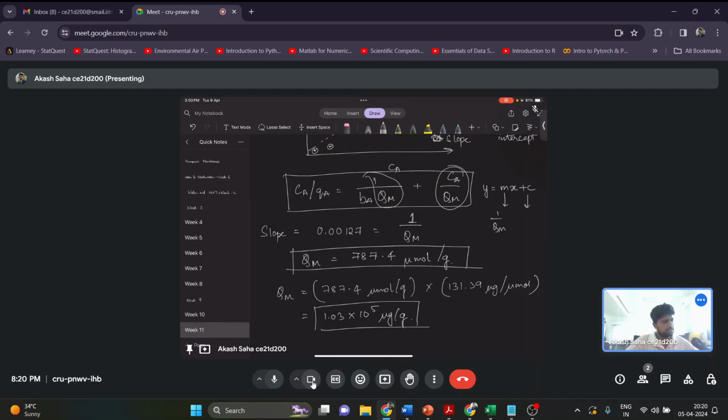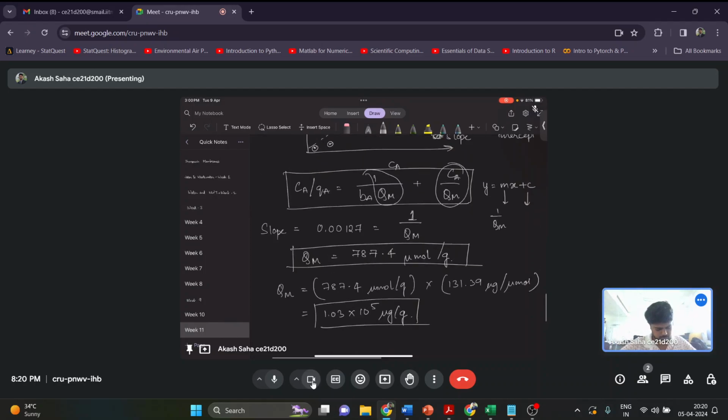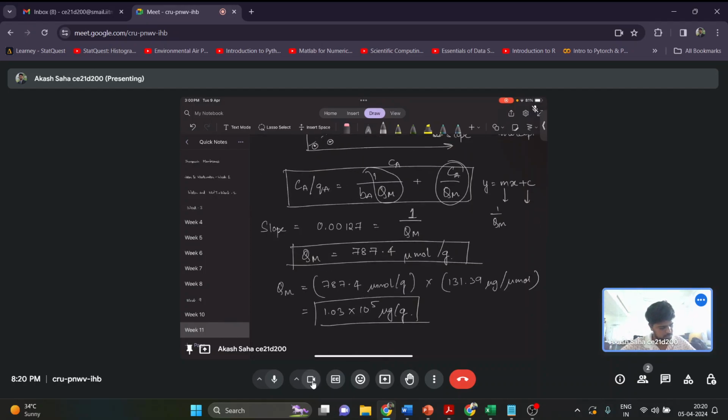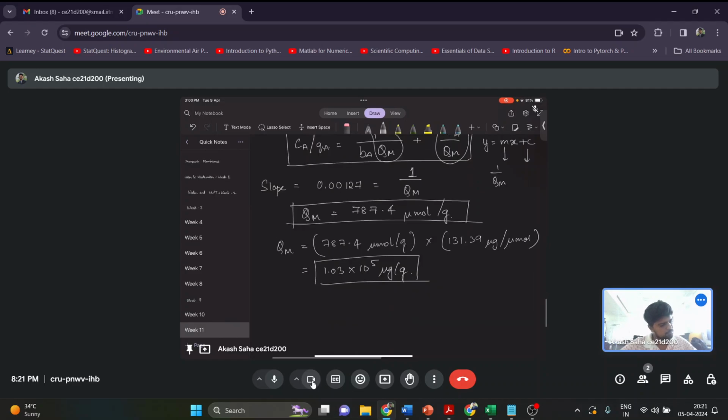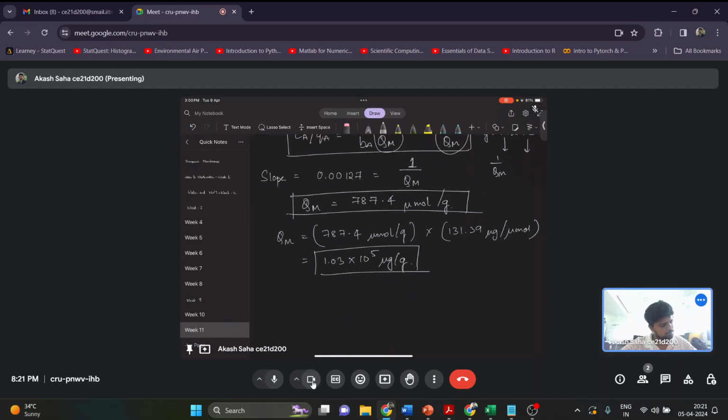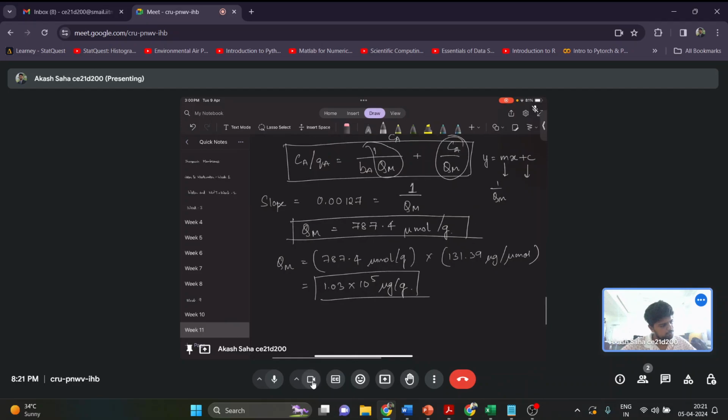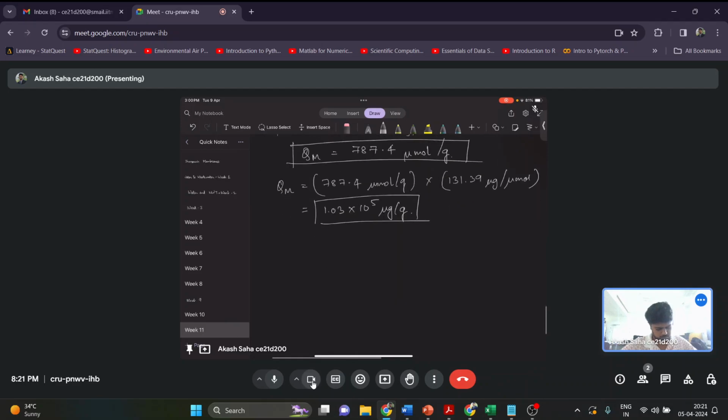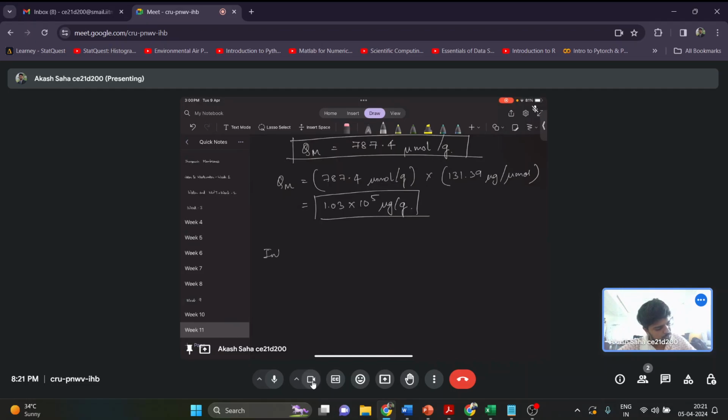Now the next, the intercept. Intercept is nothing but 1 by Ba Qm.